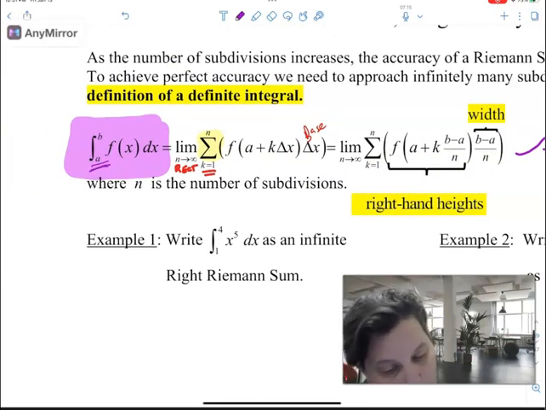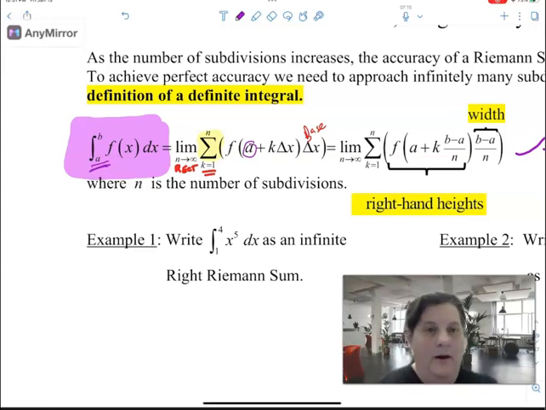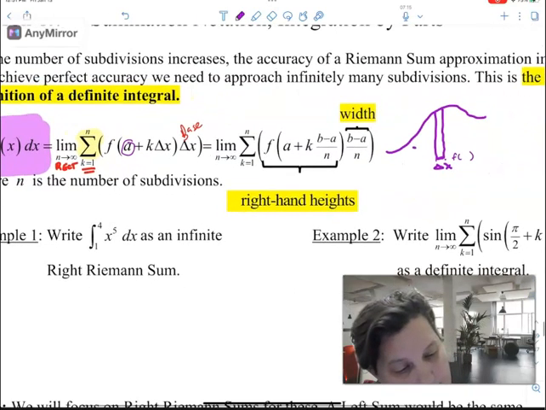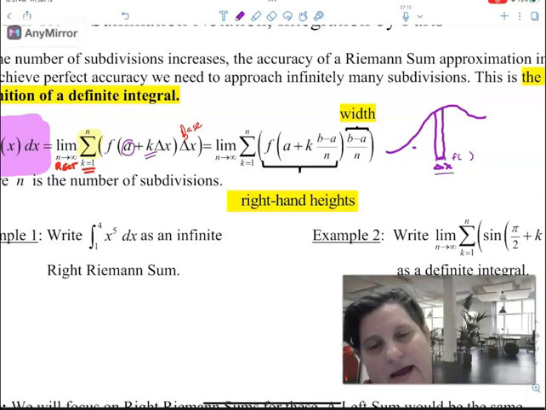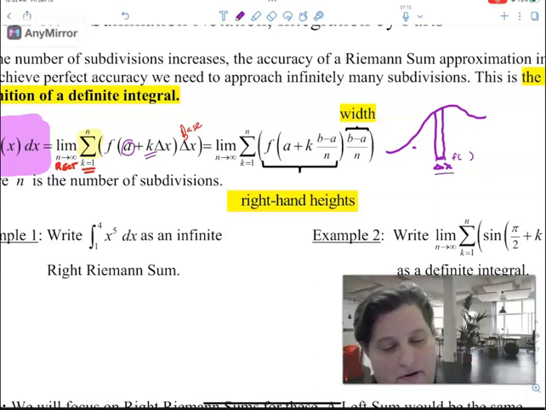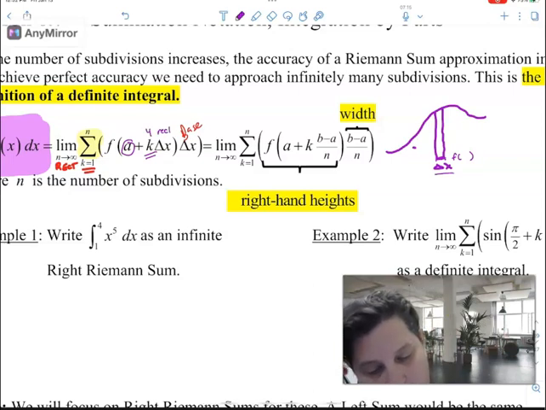A. We're starting at A. So it's the height at A, but since it's a right-hand height, it's a little bit more over, and we do that k times. If it's the fourth rectangle, we started at A and added 4 widths of rectangles. If it's the 10th, we added 10 widths of rectangles. And so basically that's the height.